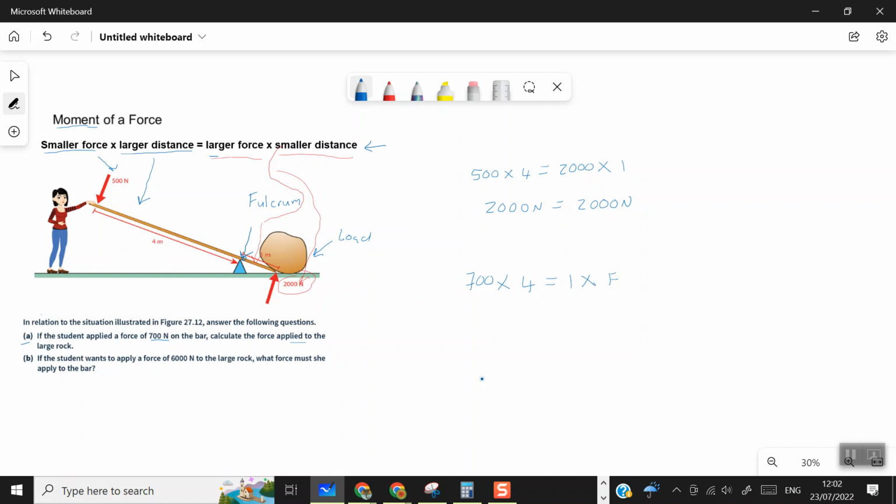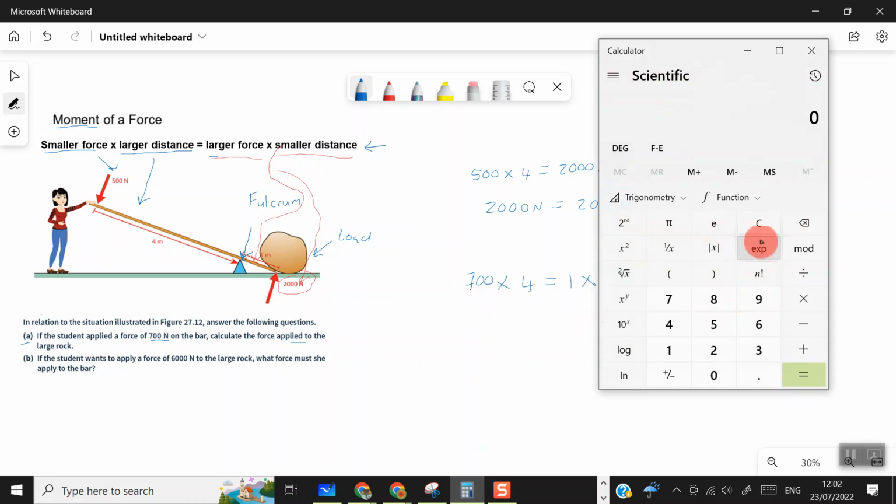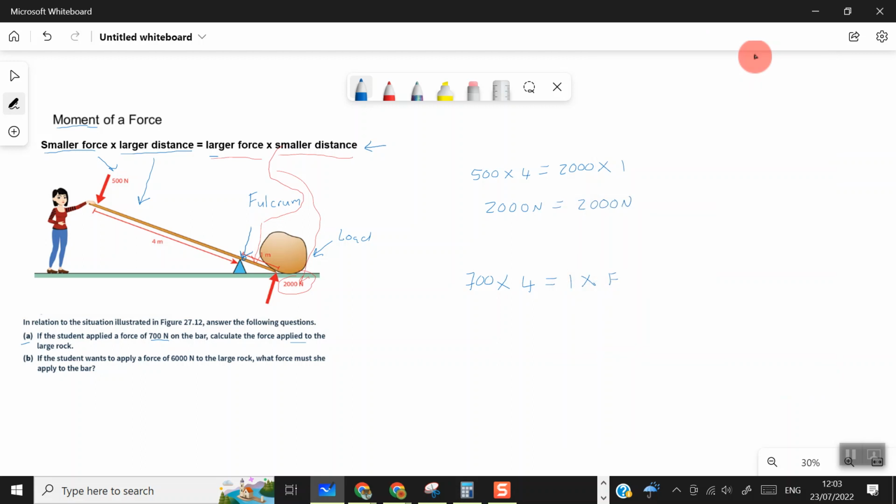So we work this out: 700 multiplied by 4 gives us 2,800. So 2,800 newtons is equal to 1 multiplied by the force, which is just equal to the force.